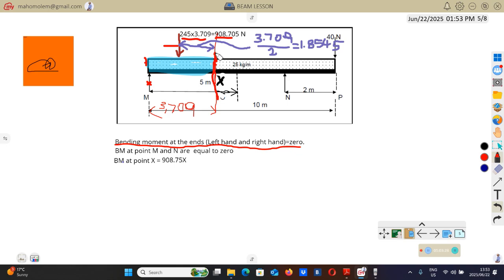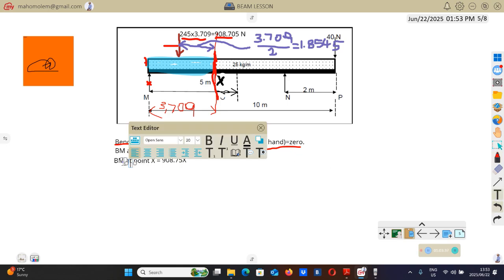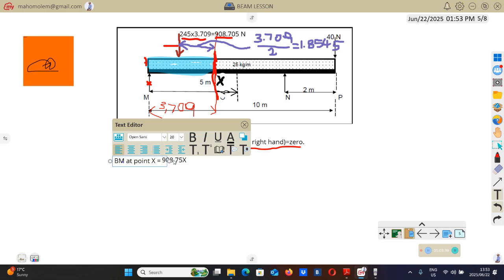This red line here, I just gave the position of this red line as x. That's why I said the bending moment at point x. So point x is referring to that red line there.